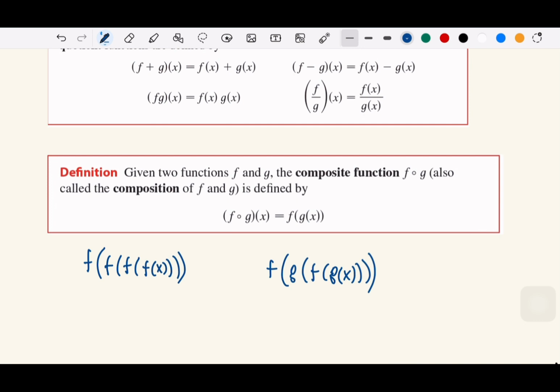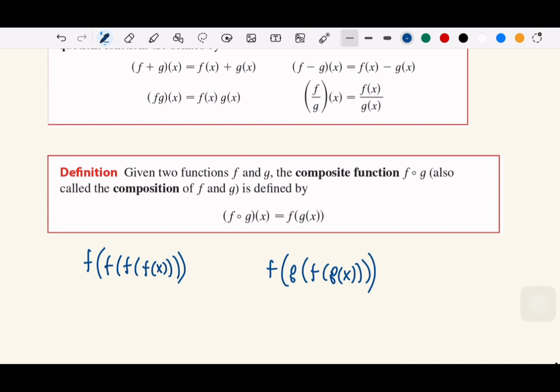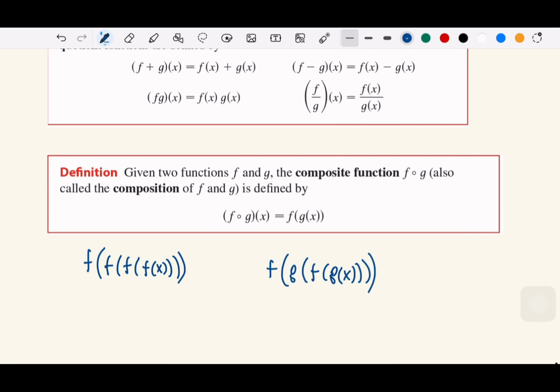Don't be intimidated. We can have many times, so not only just these two. And sometimes from one big function, we can imagine what kind of smaller functions compose those big functions. Sometimes that might be helpful as well.